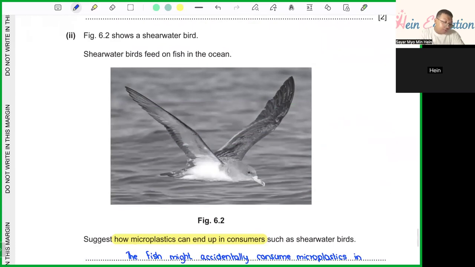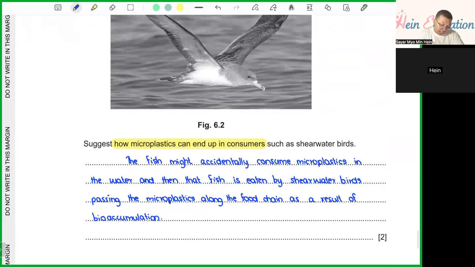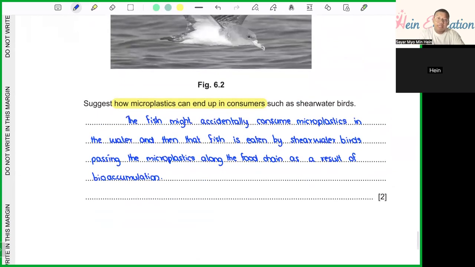And they show you a shearwater bird that feeds on fish in the ocean and ask you to suggest how microplastics can end up in consumers such as shearwater birds. So what I think is that the fish might also accidentally consume microplastic, right? Since they are very small, they might be mistaken for food and consumed. So that microplastic will remain in the body of the fish and that fish might be eaten by the bird.